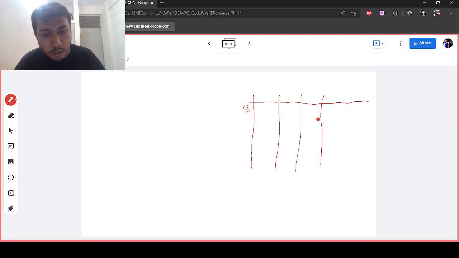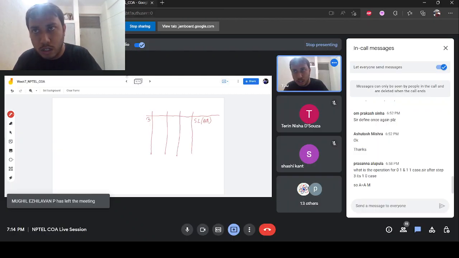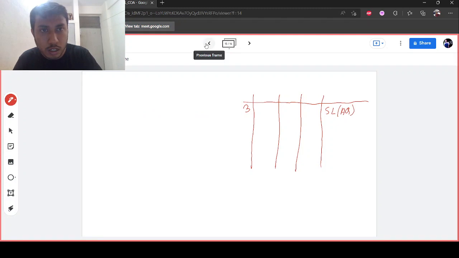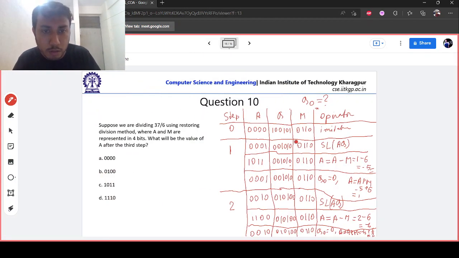We will again shift left AQ. What is the value of AQ at the last step? 0 0 1 0 0 1 1 0 0 1.